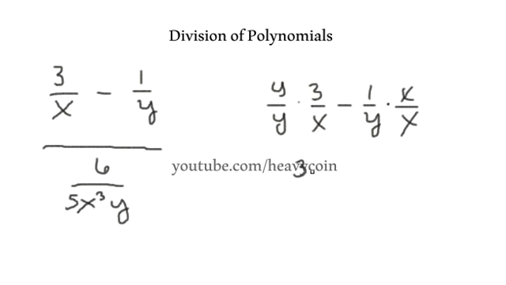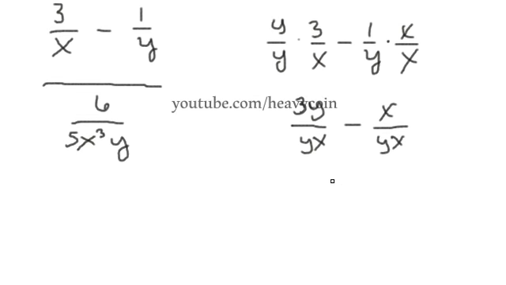All right, so we'd end up having 3y over yx minus x over yx. As you can see, we have common denominator, so we just add the numerators, so we end up with 3y minus x over yx.